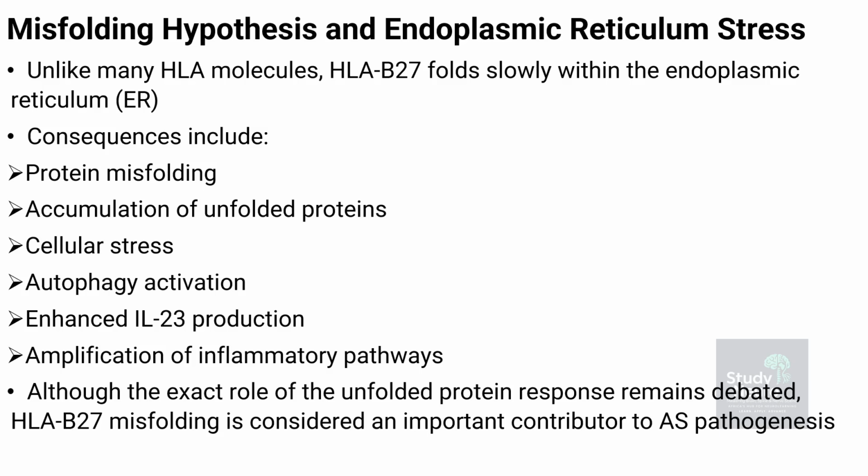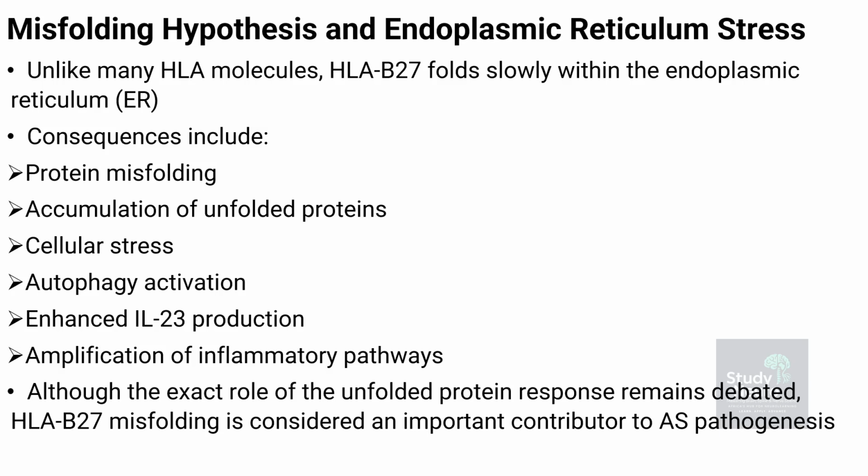The misfolding hypothesis focuses on what happens inside the endoplasmic reticulum, the part of the cell responsible for folding newly made proteins into their correct shape. Proper folding is essential. Unlike most human leukocyte antigen molecules, human leukocyte antigen B27 folds slowly, increasing the chance that abnormal proteins will accumulate and place the cell under stress.